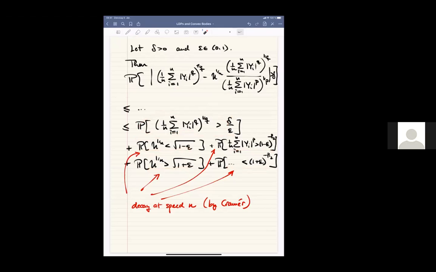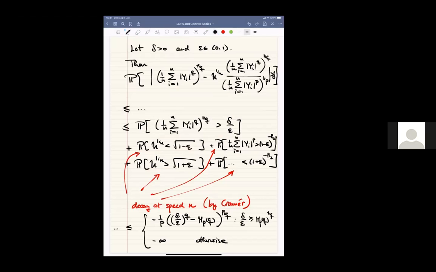So what you get then, if you continue, the whole thing is less than minus 1 over p, delta over epsilon to the power q minus mp of q, to the power p over q, if delta divided by epsilon is larger than mpq to the 1 over q, and it's minus infinity otherwise.